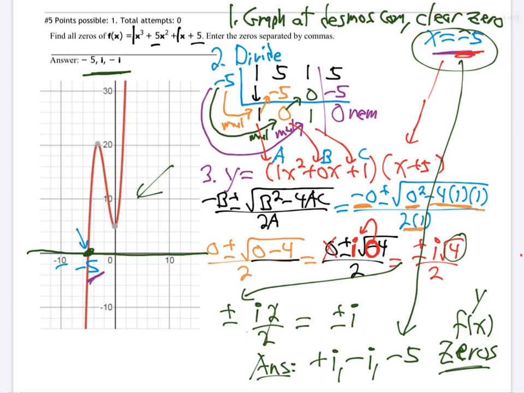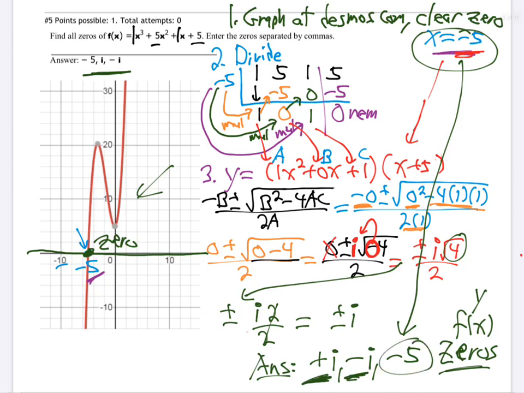The only place this function hits at a height of 0, the only true 0, is at -5. It never touches the x-axis after that or before that. It never hits a height of 0 again, right? That's why the other two answers are not real. They're imaginary. It only hits it again in our imagination, not in reality.